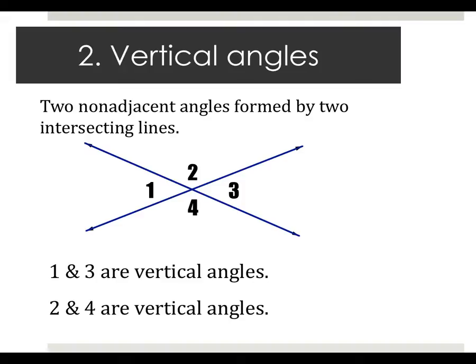And it's going to form 4 angles. Every time it's going to form 4 angles. The angles across from each other are what's called vertical angles.